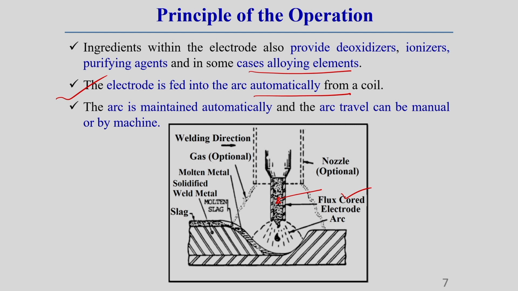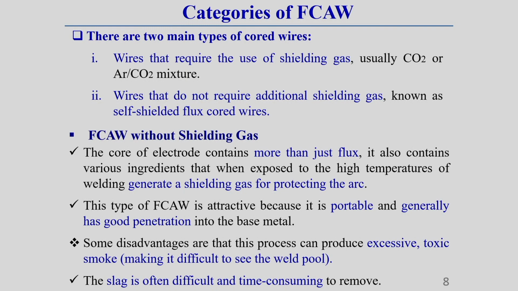Keep these things in mind. Here the arc is maintained automatically and the arc travel can be manual or by machine. That means moving of the torch can be manually operated, or it can be mounted on a trolley which can automatically control the speed of the arc. Once both feeding of the wire as well as travel of the arc are controlled automatically, then it is called automatic welding process.